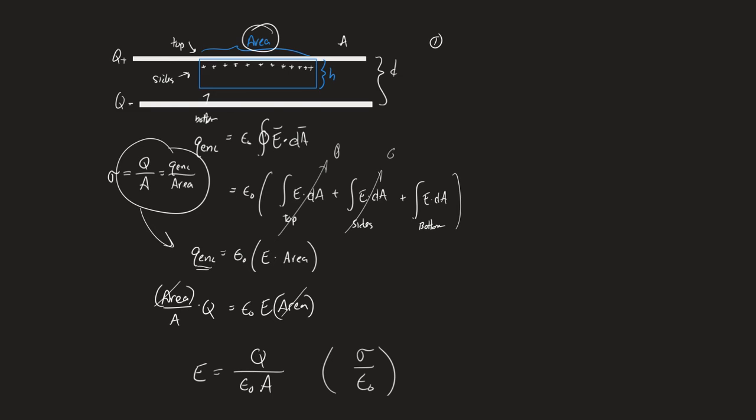And the reason why it's not got the 2 in the denominator is because if you remember when we did a charged sheet, we had to place the surface on both sides of our sheet to basically enclose the electric field that was on the outside. But we know the electric field out here is supposed to be 0. So we can choose any enclosed surface. This one makes more sense, as we know the charge has been pulled to the bottom of that plate.